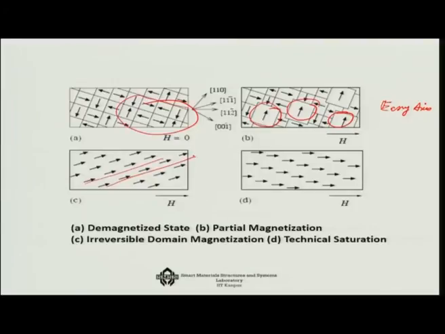And if you increase further the intensity of the magnetic field, you can almost make all the magnetic dipoles to be parallel to the system. So starting from the basic demagnetized state, for a magnetostrictive material, you can get a reasonably good change in shape by following these steps.